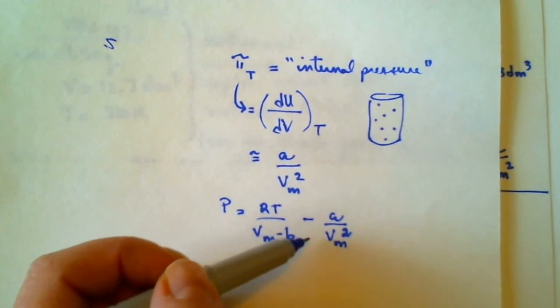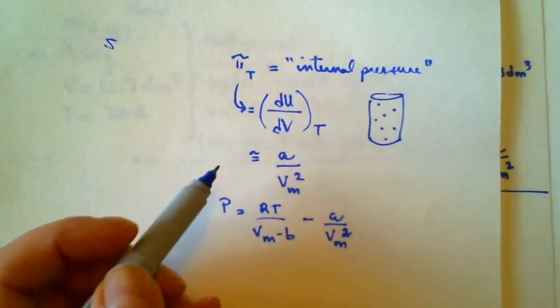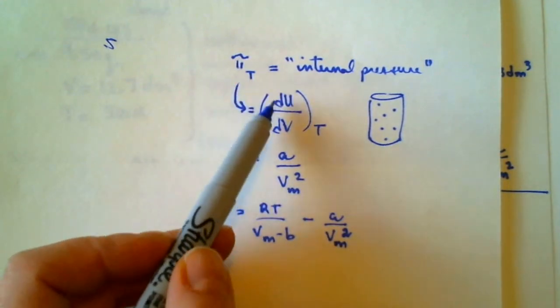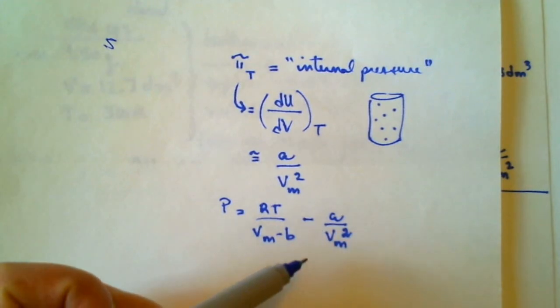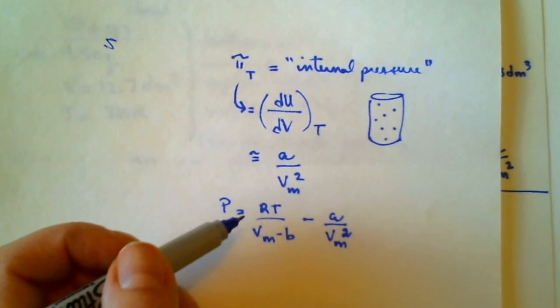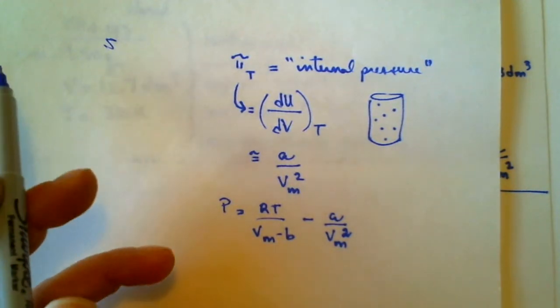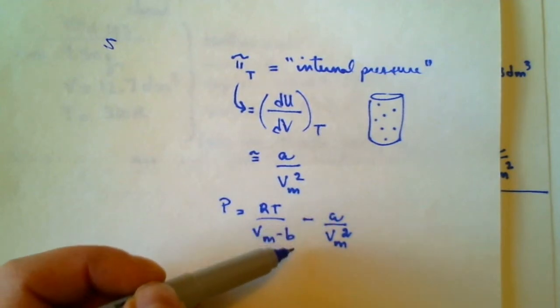And this term here is this term here, and so when the gas is a van der Waals gas, this is about equal to this, because they're really accounting for the same thing. So don't look for pi sub T if it's a van der Waals gas in your data sheet. Probably not going to find it, but what you will find are the van der Waals constants a and b.